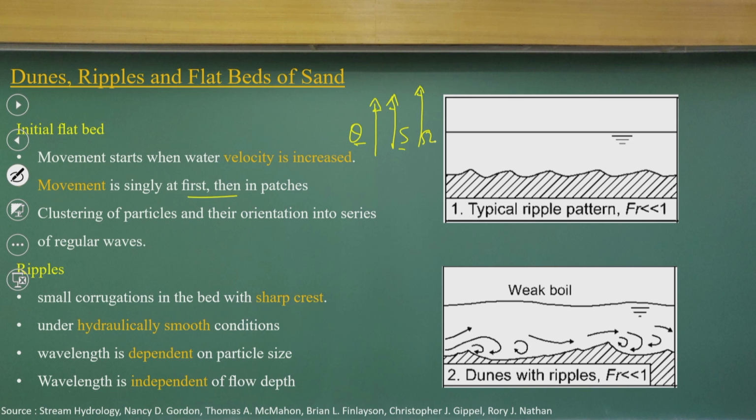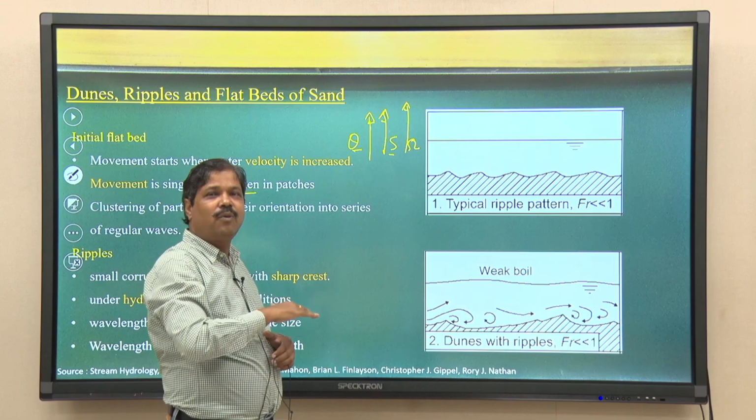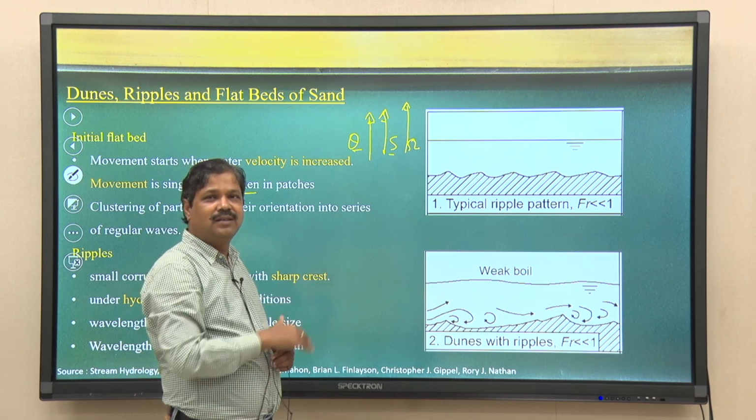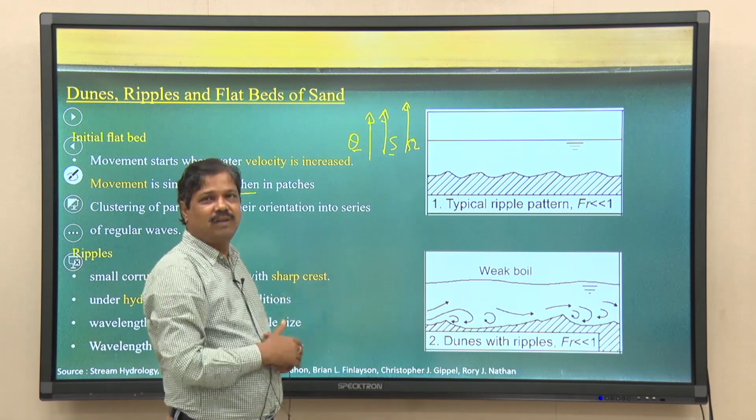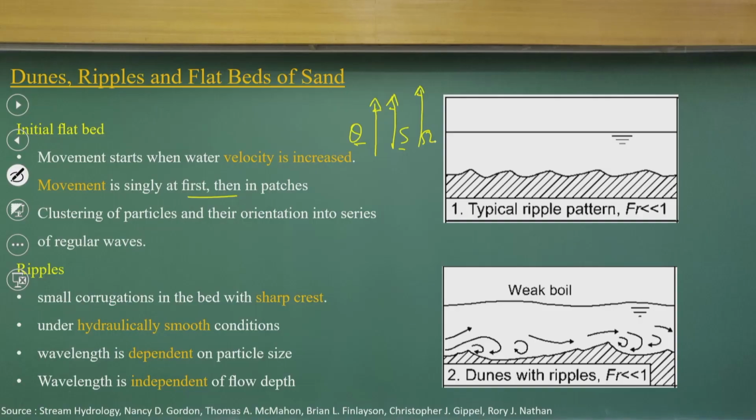Because the bed material is moving, the particles start forming different bed forms, different bed shapes. That is what we look at as the stream power increases in a flume, and you can also see these river bed forms in the field. When the flow Froude number is much less than 1, you will have bed forms with very small amplitudes.